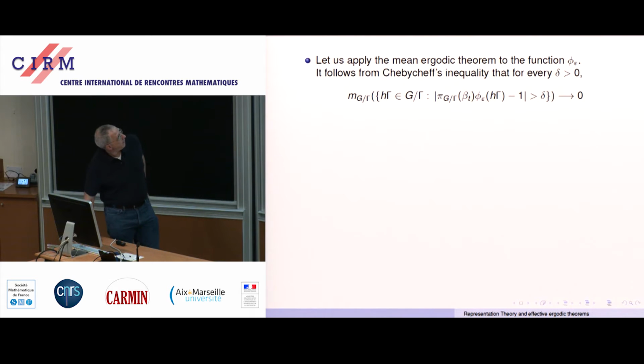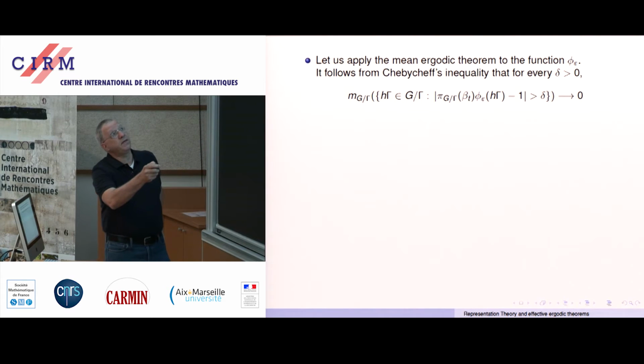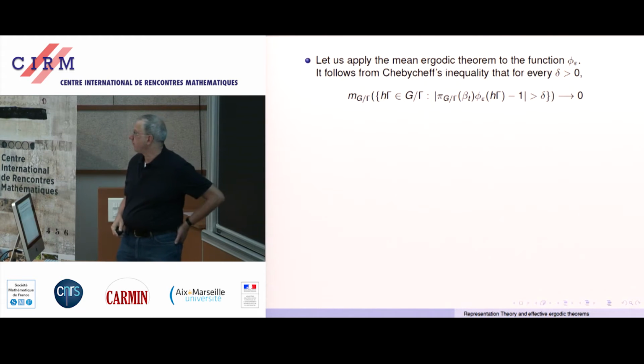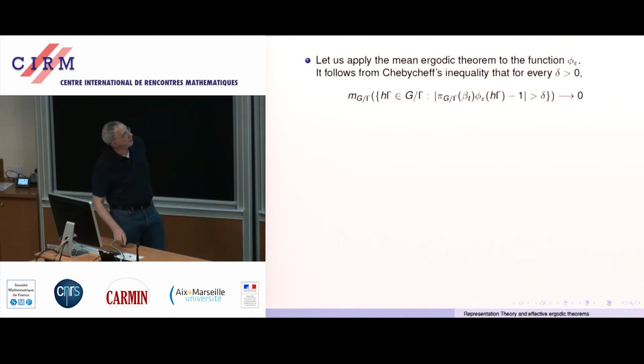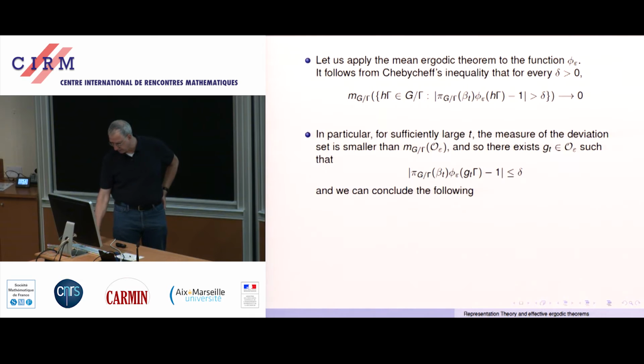And if we apply the mean ergodic theorem to phi epsilon, it follows from Chebyshev's inequality that the set where the averages deviate from their limiting value by more than delta, the measure of this set converges to 0. We call this the deviation set for our purposes.